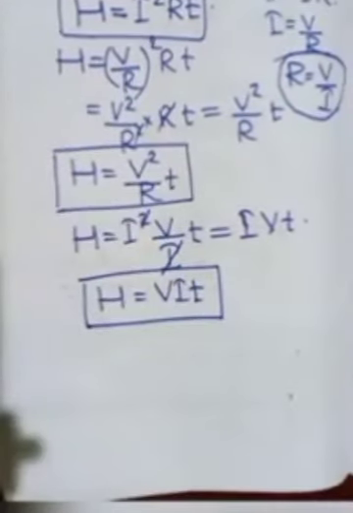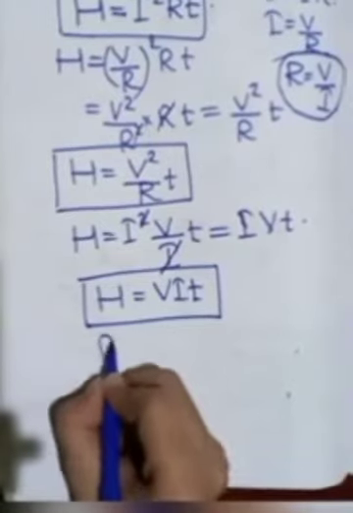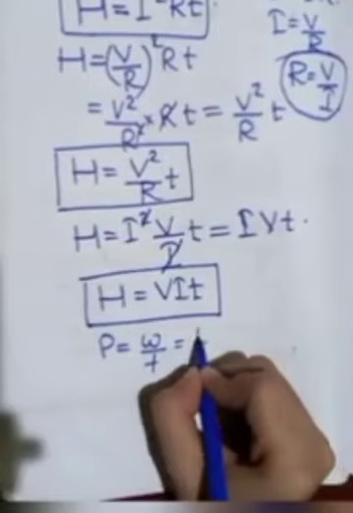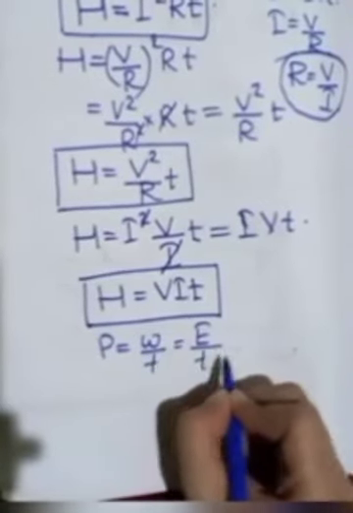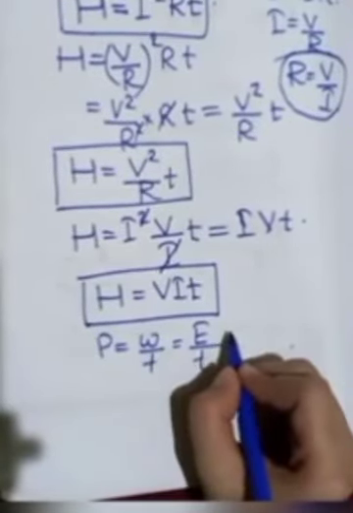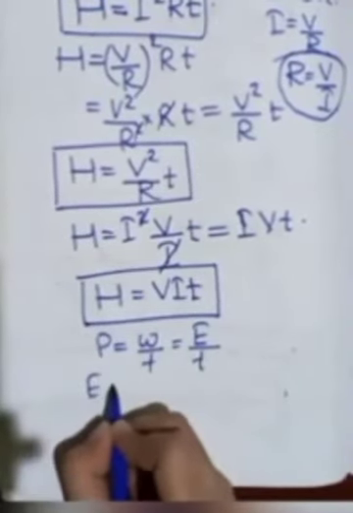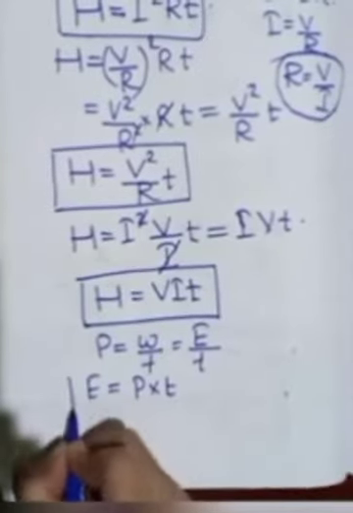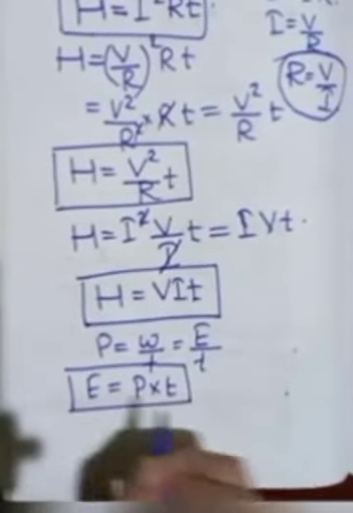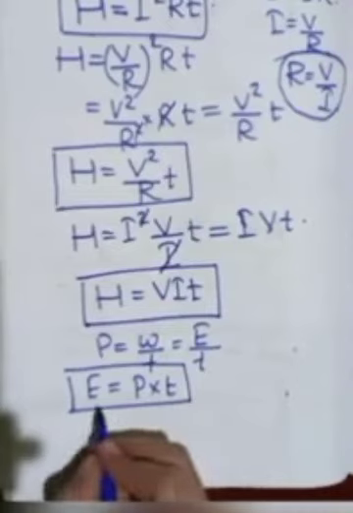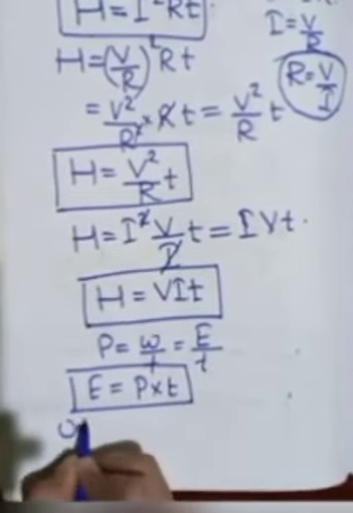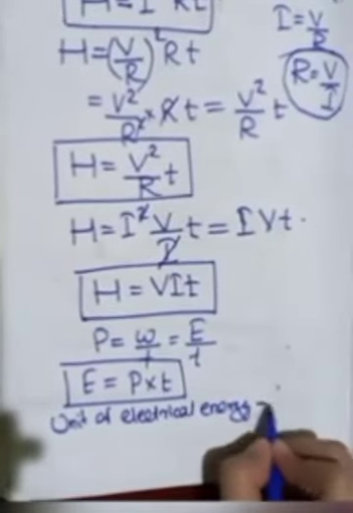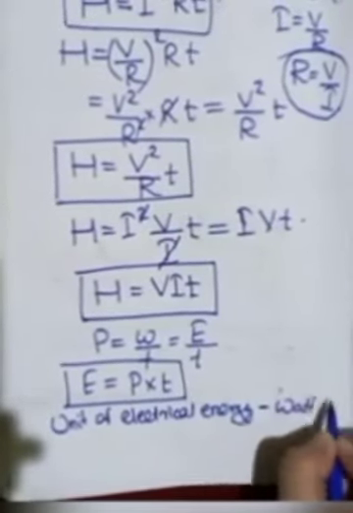I already told you that power is equal to work by time, and power is equal to energy by time. Here energy is the electrical energy, so electrical energy is equal to power into time. The unit of electrical energy is watt hour.